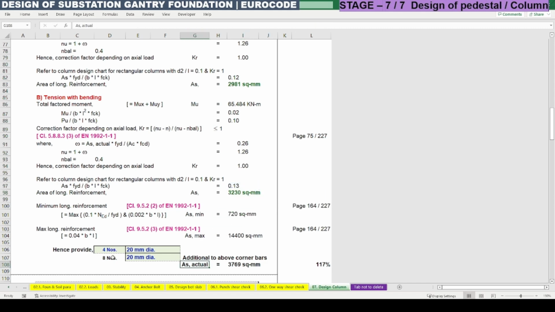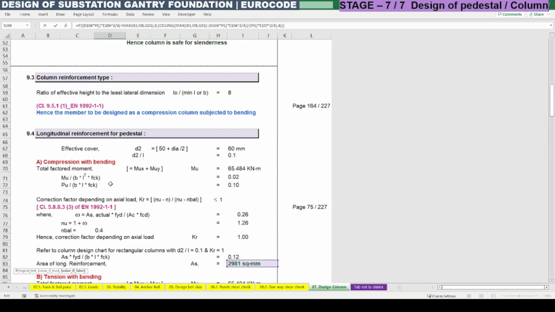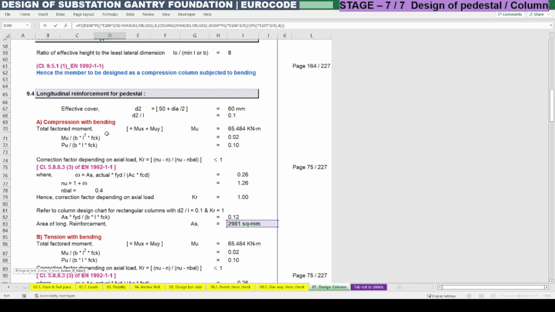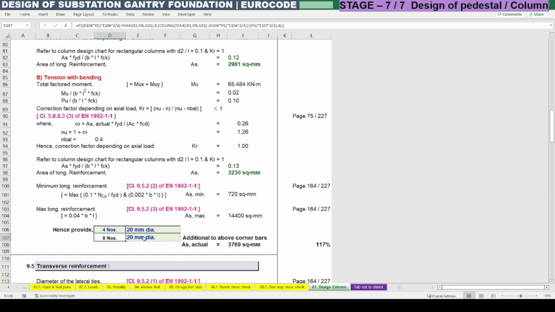And here we are going to provide 4 numbers of 20 mm diameter at the corner of each column, and intermediate is 8 numbers. So this will be automatically calculated based upon the calculated reinforcement. This will consider the maximum area of longitudinal reinforcement in both compression combined with bending, and tension combined with bending, and the diameter which we are using for the corner and the intermediate.